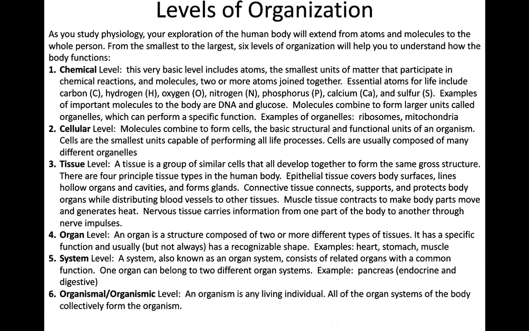An atom, I'm sure you learned about way back in high school biology, if you've taken other classes as well, is the smallest unit of matter that participates in chemical reactions. This is where we talk about electrons and protons and neutrons. I'm sure you've all been exposed to the periodic table of elements before, where you can look at little boxes that have carbon or hydrogen, oxygen, gold, silver, those types of things, each of which has unique properties.